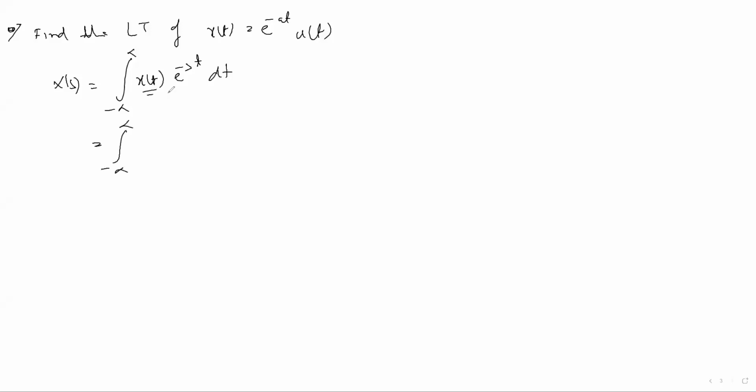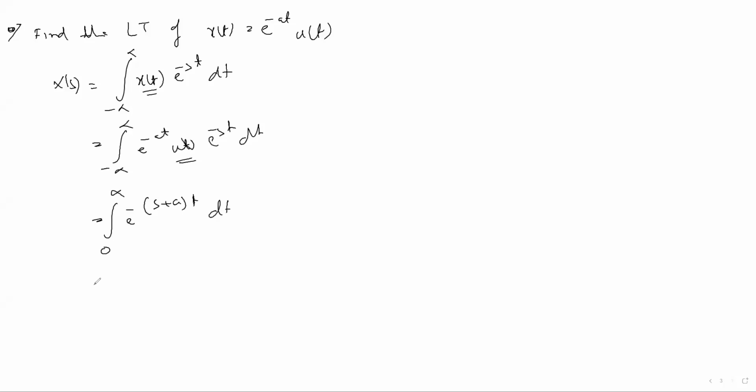If you put x of t here, it is e to the power minus at u of t, dt. Since u of t is there, you can write this integration from 0 to infinity of e to the power minus at, which you can write as e to the power minus s plus a times t, dt.